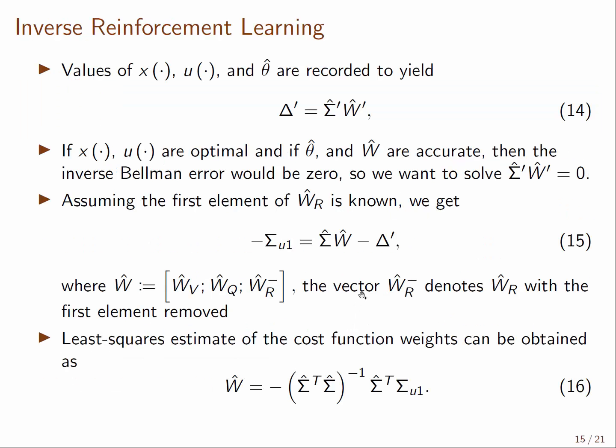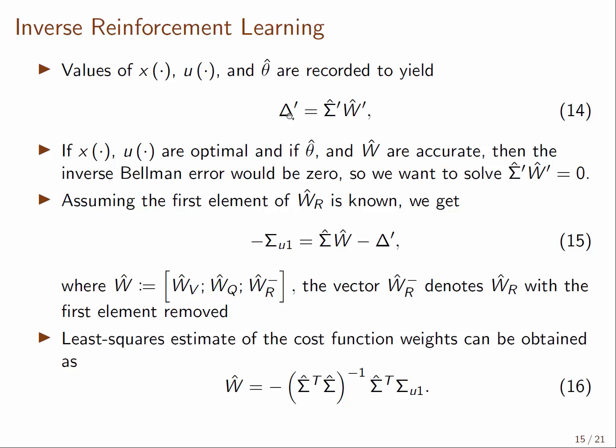Now using that, we can carry on with our inverse reinforcement learning. We do something very similar. We record values of x, u, and theta hat to get the expression in 14, which is delta primed equals sigma primed w hat primed.